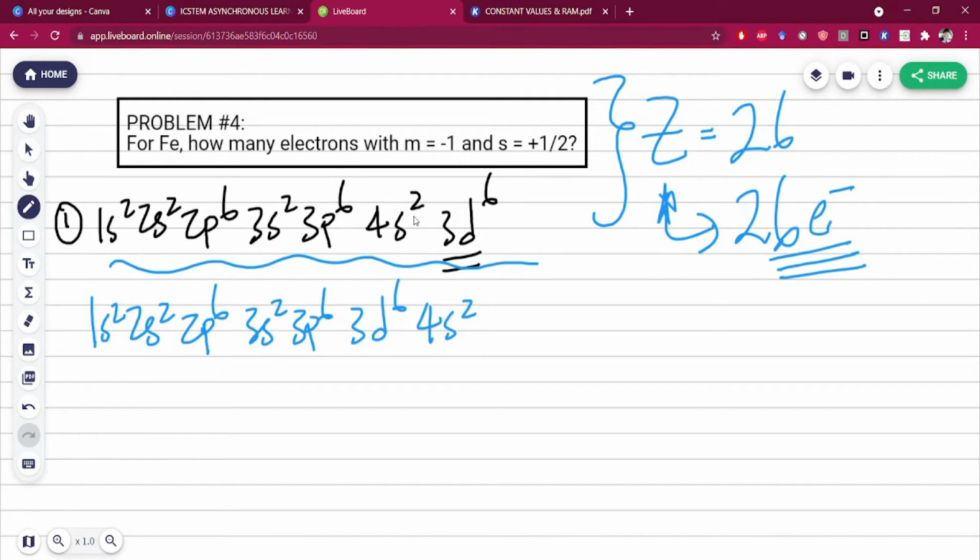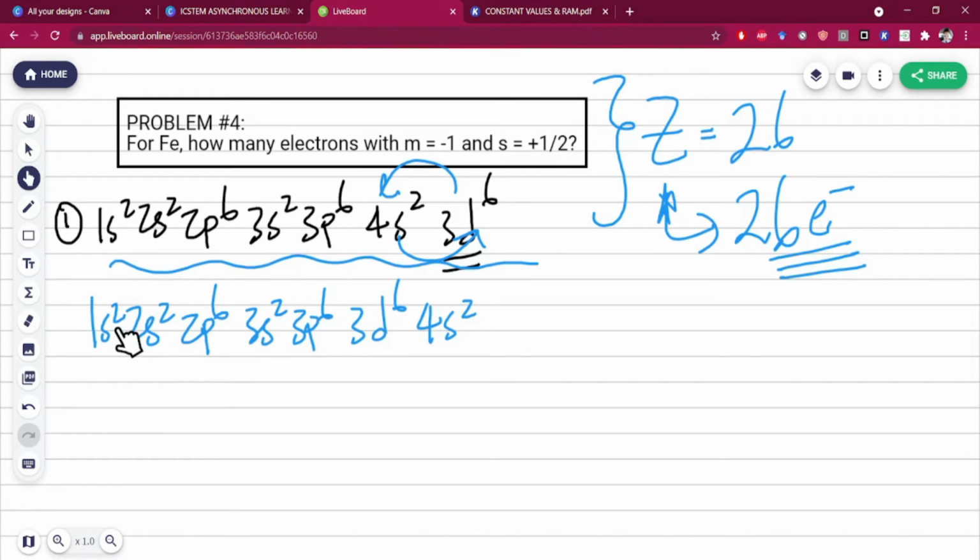But that is too complicated for your level. It's enough for you to know that once you start to fill in the 3d orbitals, even with one electron, that's when you shift this. Only 4s and 3d swap places. Remember that carefully, guys.